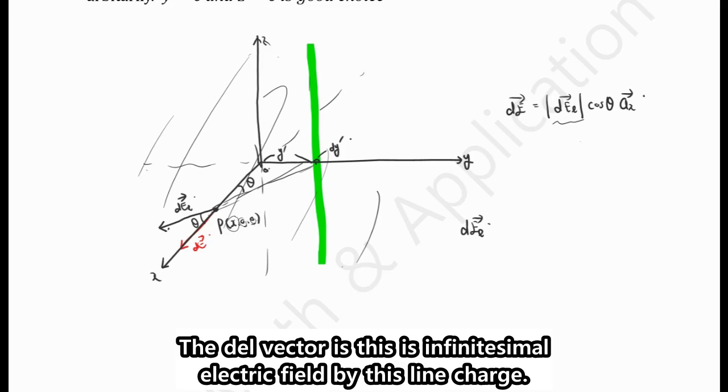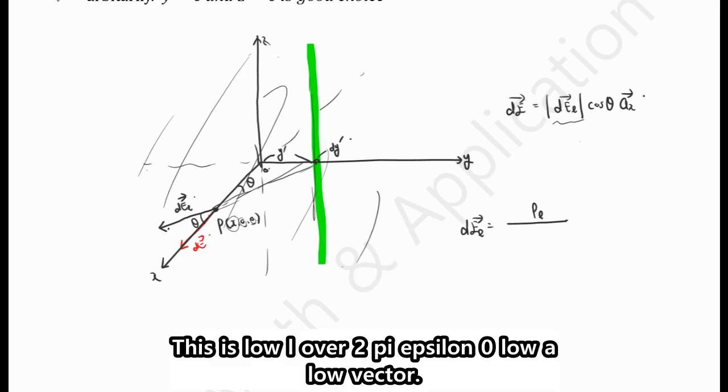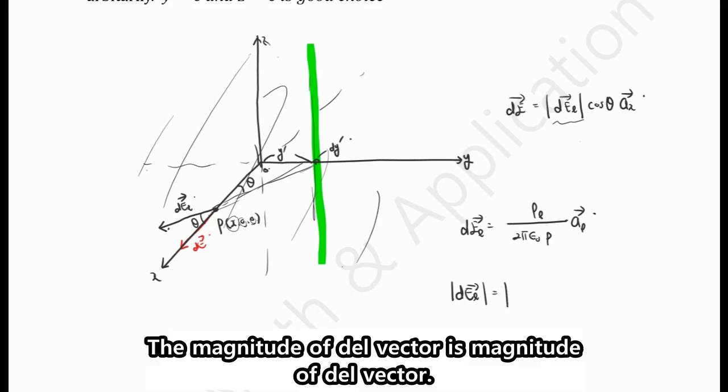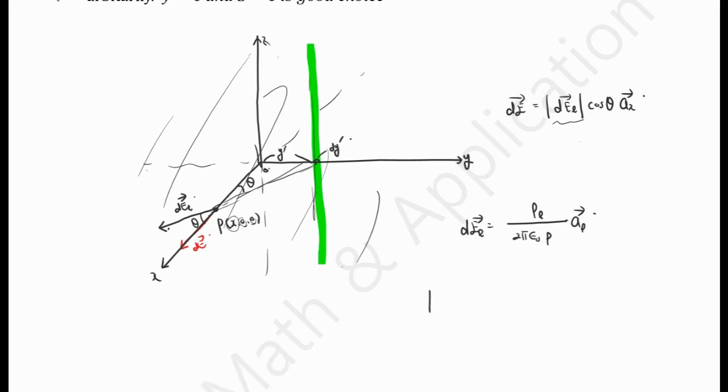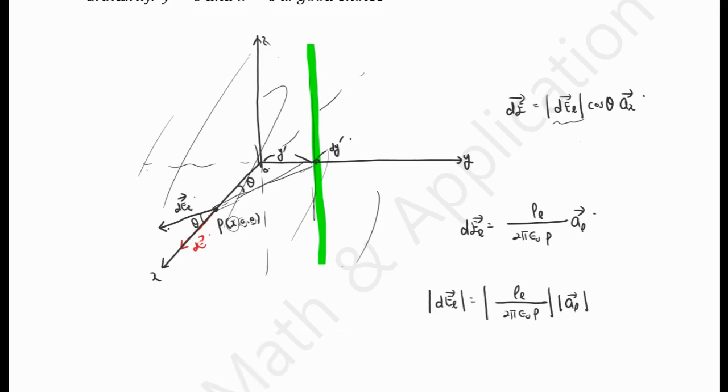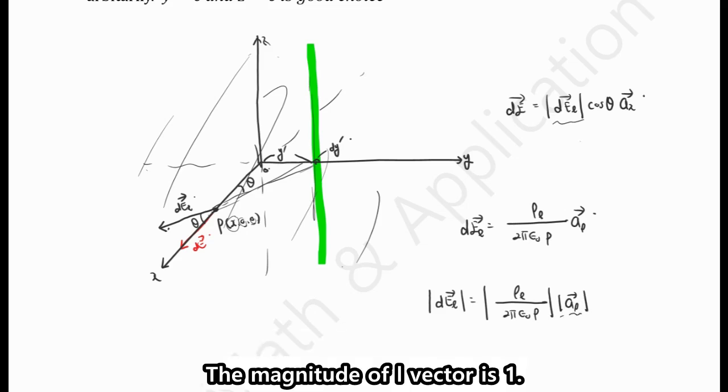The dE vector is the infinitesimal electric field by this line charge. This is rho_L over 2 pi epsilon_0 rho times a_rho vector. The magnitude of the dE vector is the magnitude of rho_L over 2 pi epsilon_0 rho multiplied by a_rho vector. a_rho vector is a unit vector, so its magnitude is 1.